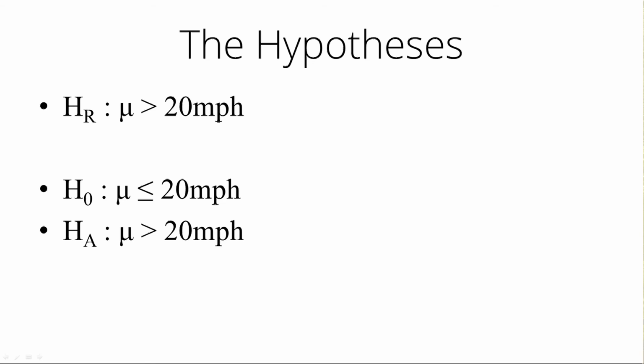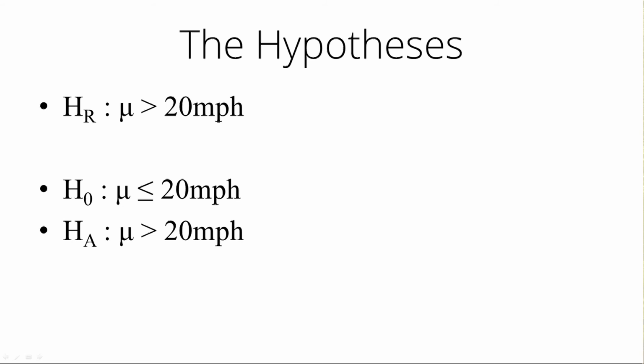So since the research hypothesis is mu is greater than 20, that's also going to be the alternative hypothesis, which means that our null hypothesis will be less than or equal to 20. Notice how the null hypothesis and the alternative hypothesis divide the world into two possibilities. Either the mu is greater than 20 or it's less than or equal to 20.